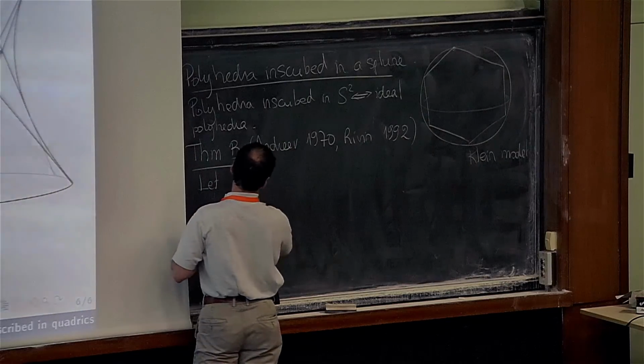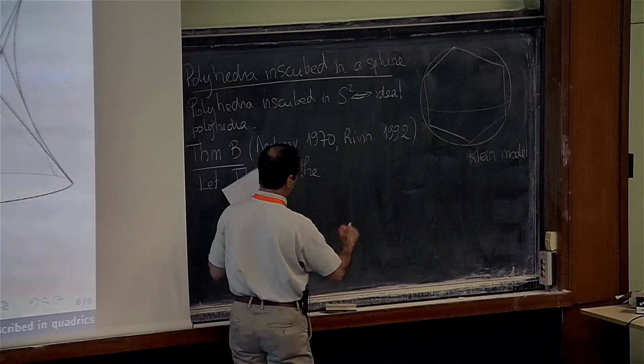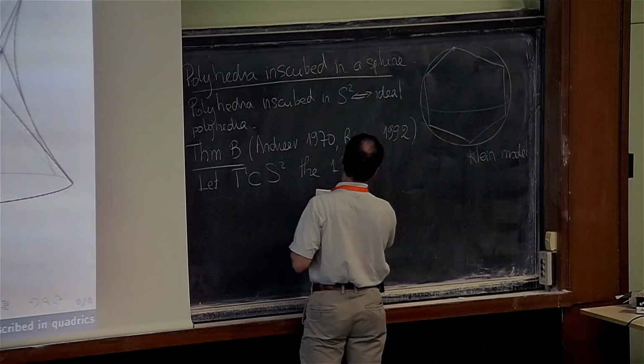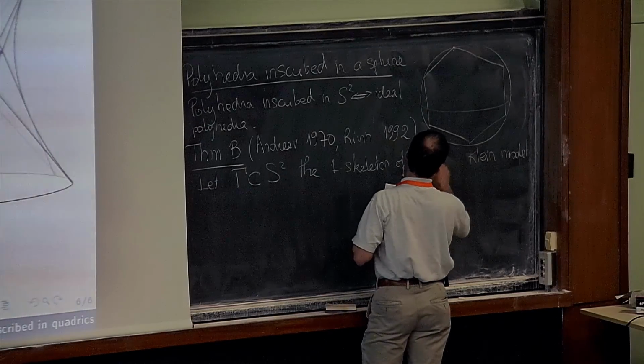I consider a graph gamma in S2, which is admissible. So it's the one skeleton of a cell decomposition.